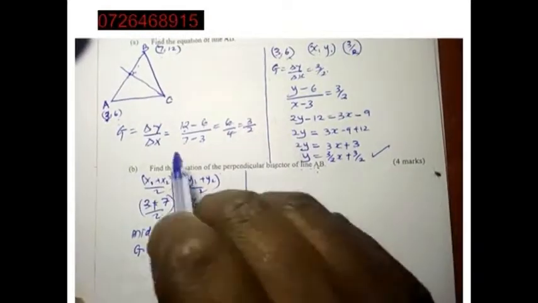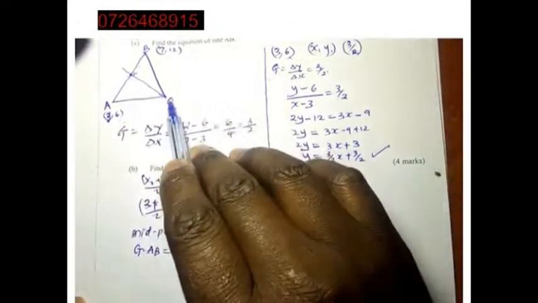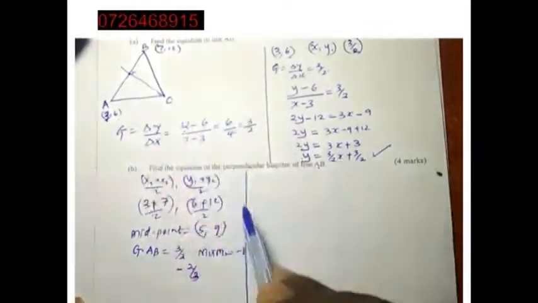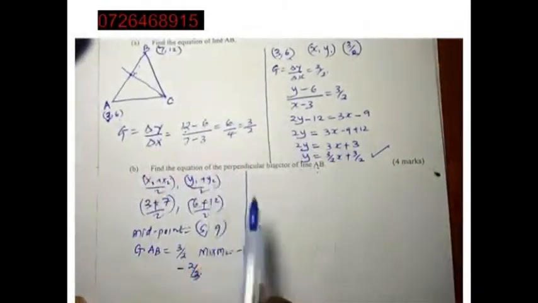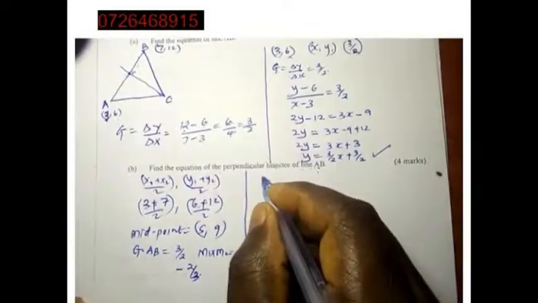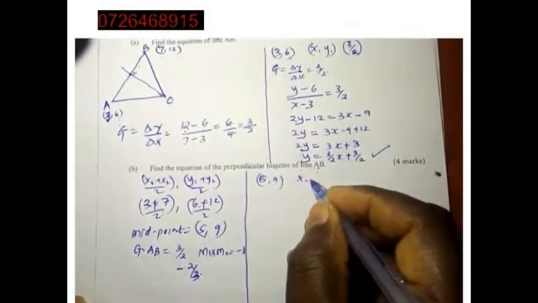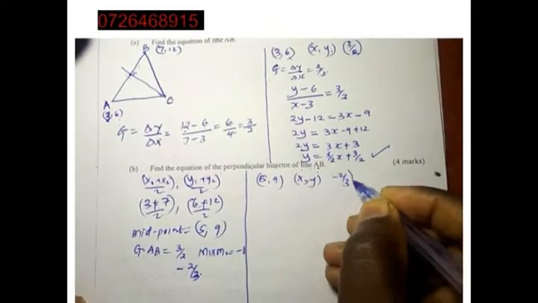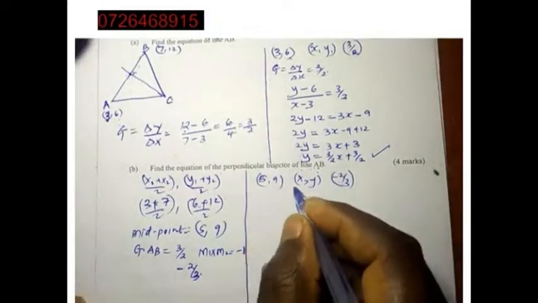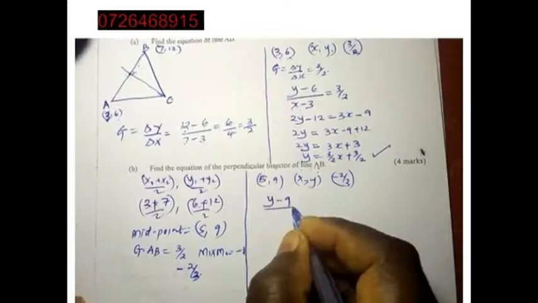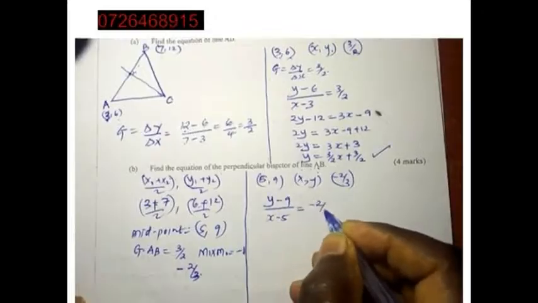Now, once tumepata gradient of this line, now tunaweza tumia the general point xy na hii point tupate the equation of the line, because tulikuwa tunataka to find the equation. So we have the point 5, 9, we have xy, and then we have the gradient -2/3. So change in y minus 9, x minus 5, the answer is -2/3.